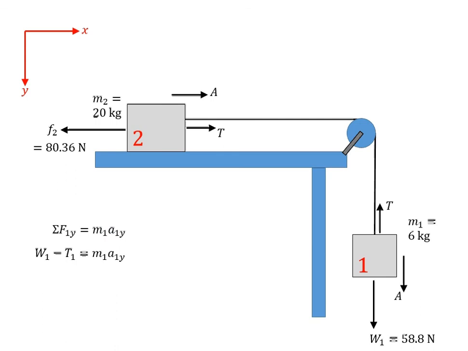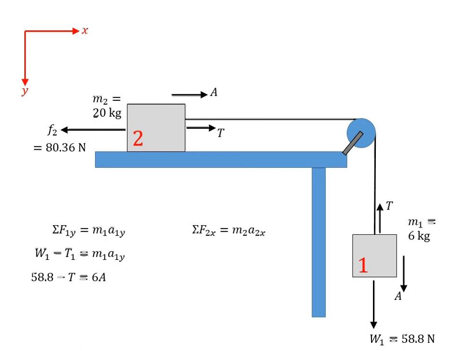That's really an addition of forces, but the tension is pointing in the negative direction, so it ends up being a negative of the tension. Putting the values in, we have 58.8 minus T equals the mass, 6 kilograms, times that acceleration, just calling it uppercase A now.